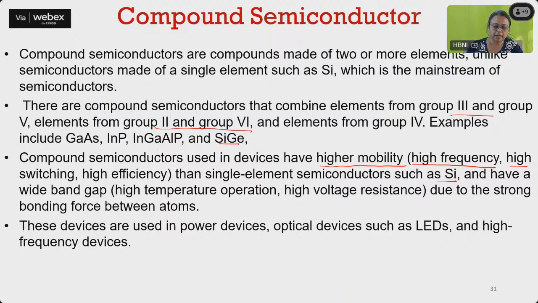The band gap for these compound semiconductors you can tailor, and we can have a wide band gap. Having a wide band gap is important because we can go for high temperature operation or high voltage resistance due to the strong bond force between the atoms. And these compound semiconductors can have good optical properties and be used in LEDs.